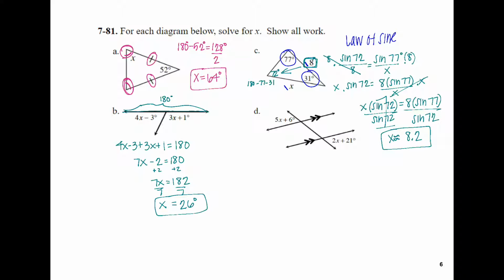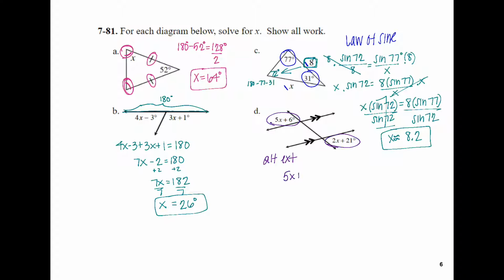When we're looking at example D, we have two parallel lines cut by a transversal. So the angles that we are working with are alternate exterior angles, which, if we have two parallel lines cut by a transversal, we know that those two angles are equal.